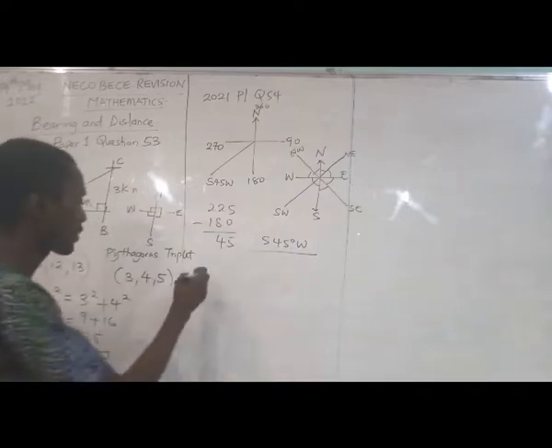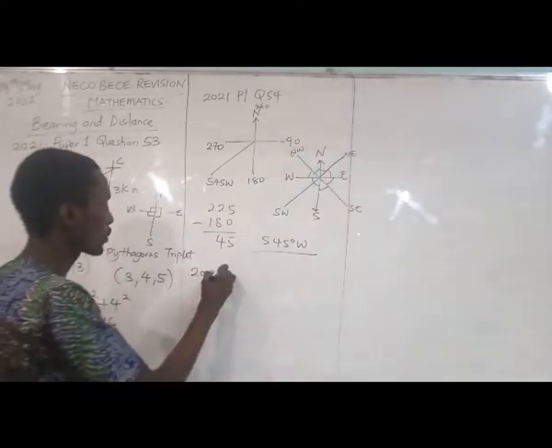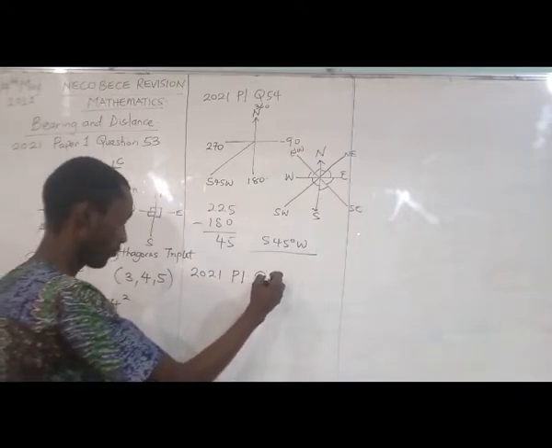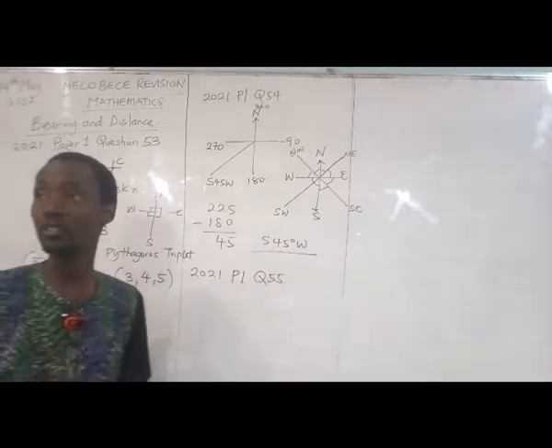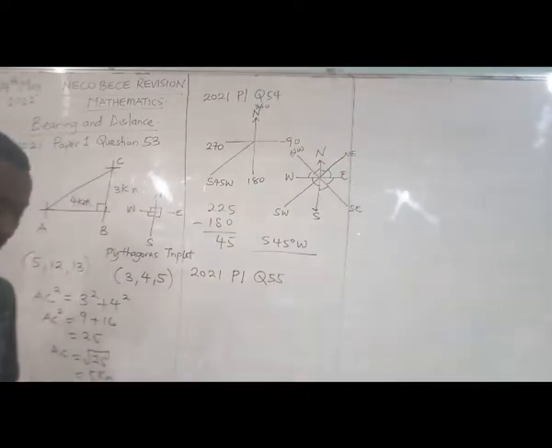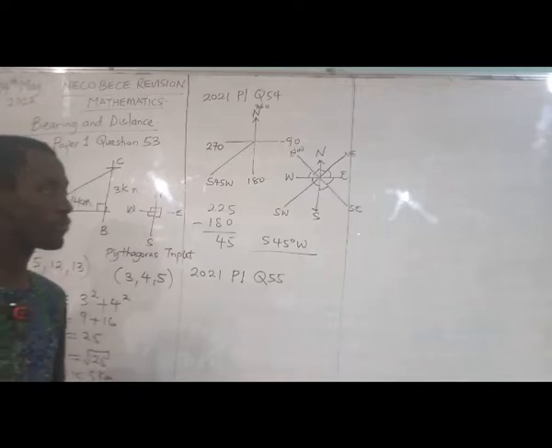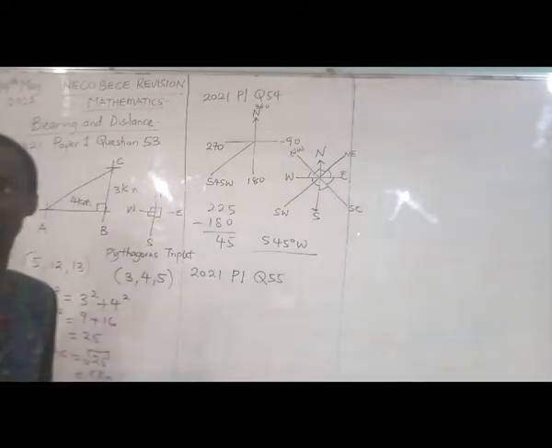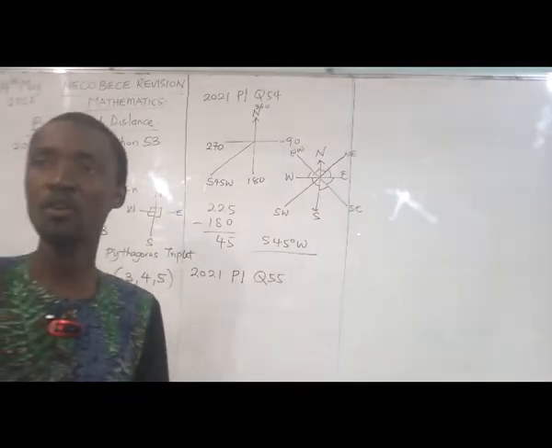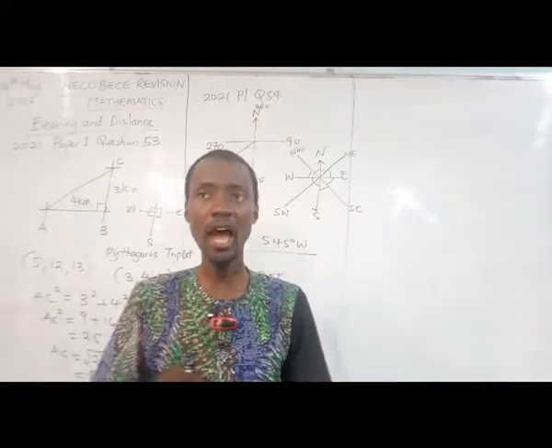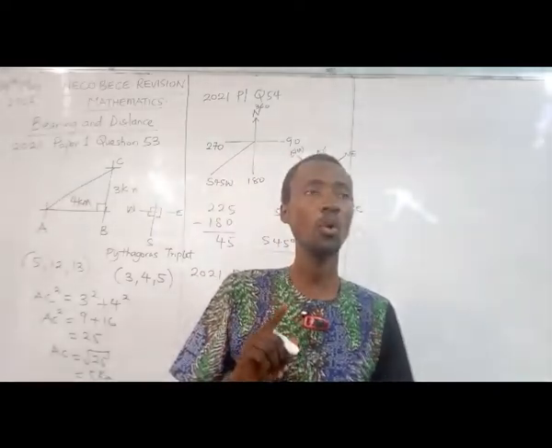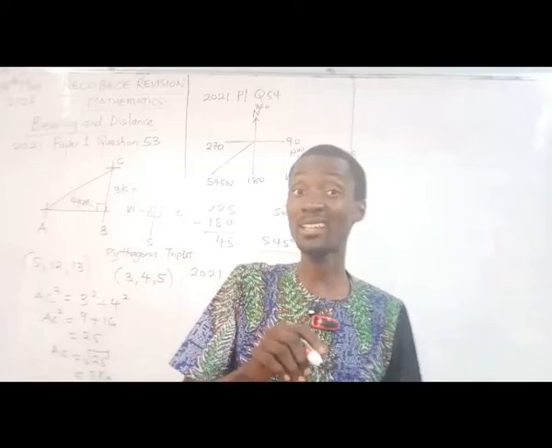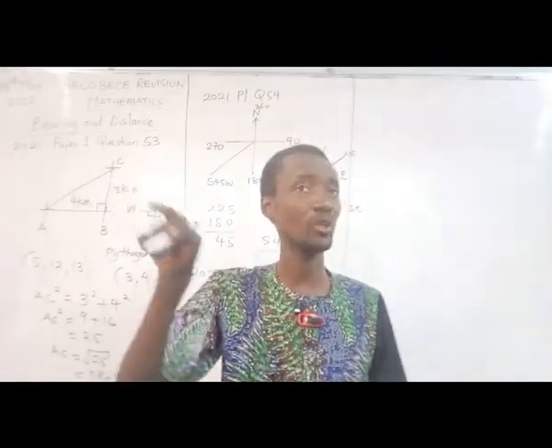Moving in the same light, we have another one. 2021, paper 1, question 55. It says the bearing of A from B. Now, it's important to note when you're told bearing of something from something, it means that the reference is the second letter you're seeing.